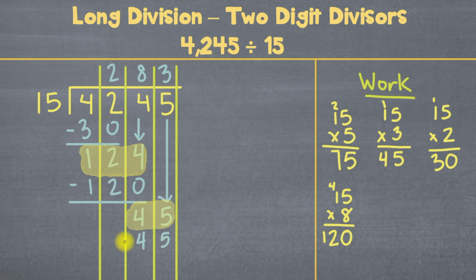When we subtract that, we get a remainder of 0. And since our remainder is 0, and there's no more numbers to the right to bring down, we're officially done. And that means our final answer is 283. You could also say the quotient of 4,245 and 15 is 283.